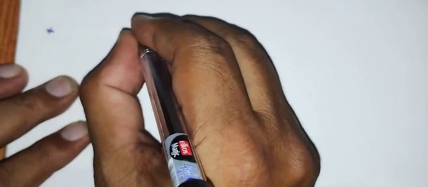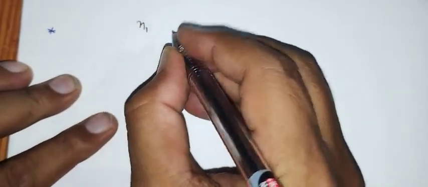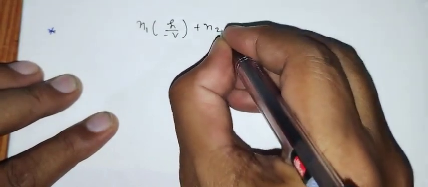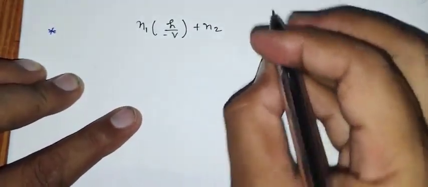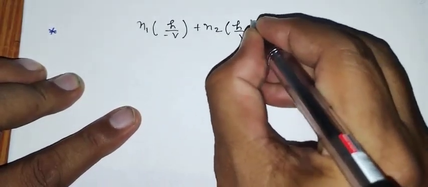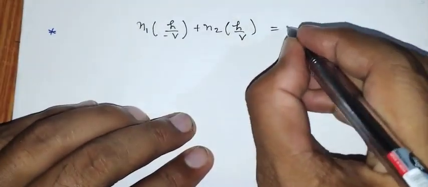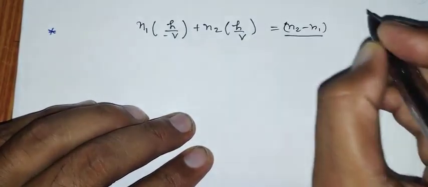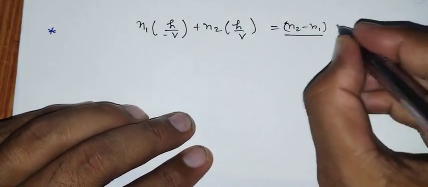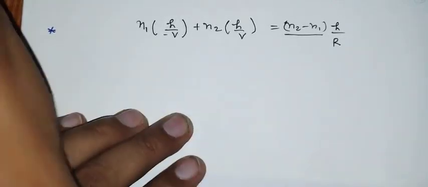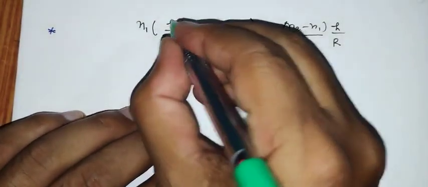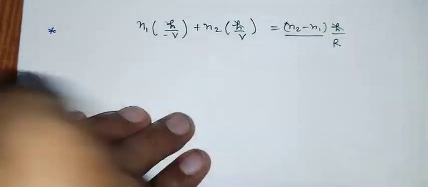First of all, here is n1 alpha; in place of alpha, one may write h upon minus u, plus n2 beta, and beta is h by v, is equal to n2 minus n1 gamma, and gamma is h by R. In this expression, h is available everywhere and can be cancelled.